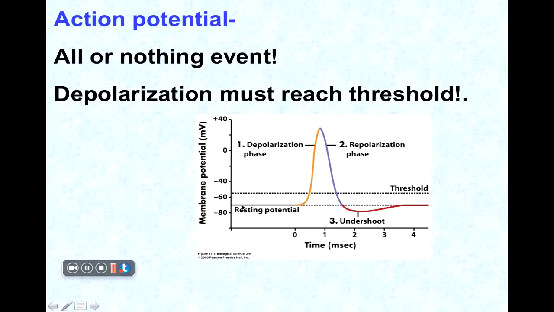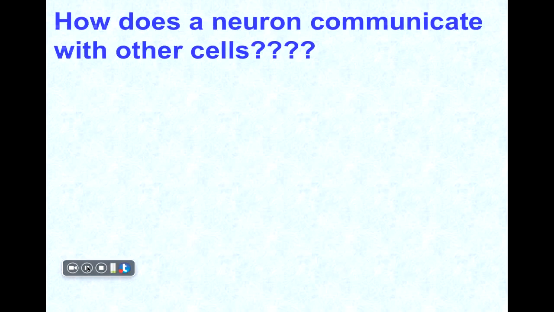For example, in this image, let's say the resting potential is negative 70 millivolts and the threshold is maybe negative 55 millivolts. In order for this cell to propagate an action potential, it must be depolarized to negative 55 millivolts or above, thereby generating an action potential.